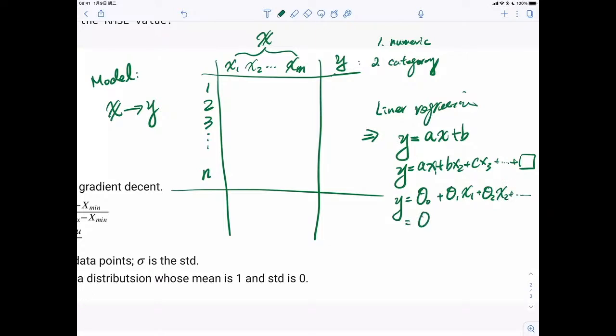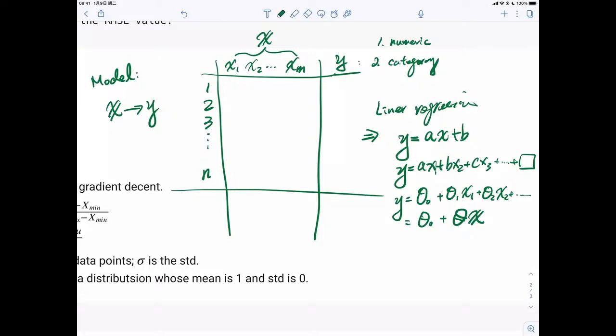Usually we write it as theta 0 plus the sum of theta times x. It's just a different notation, but the meaning behind those notations is the same.